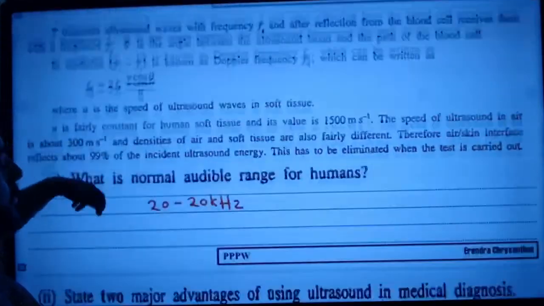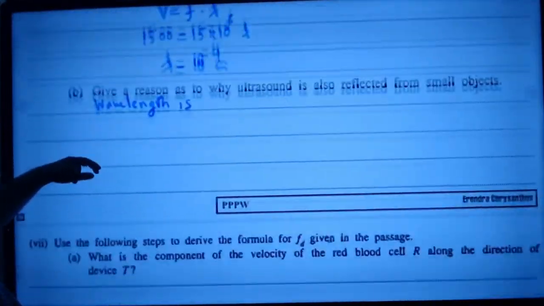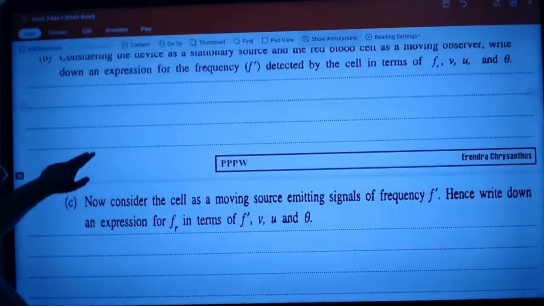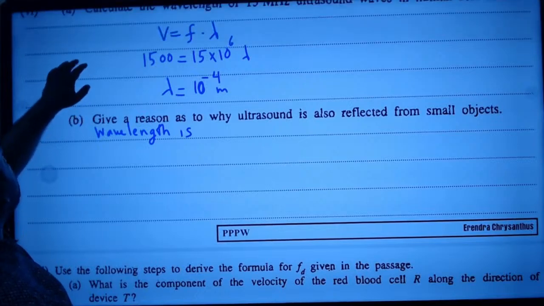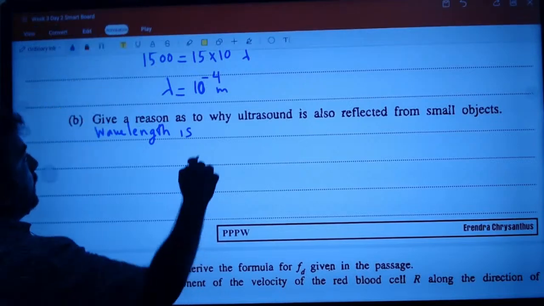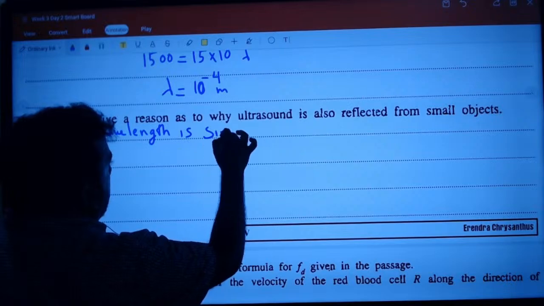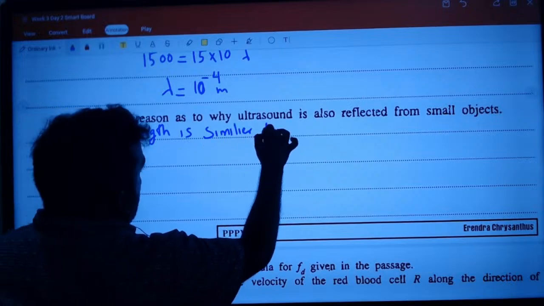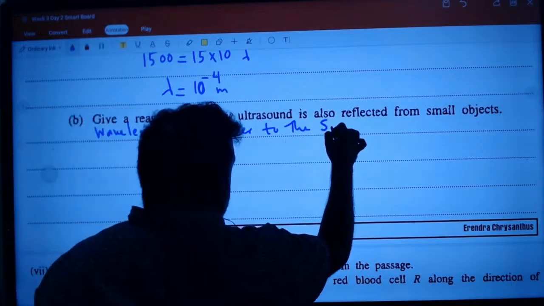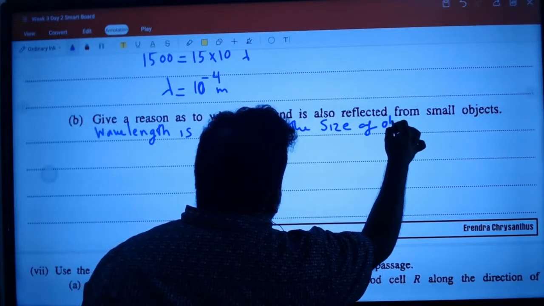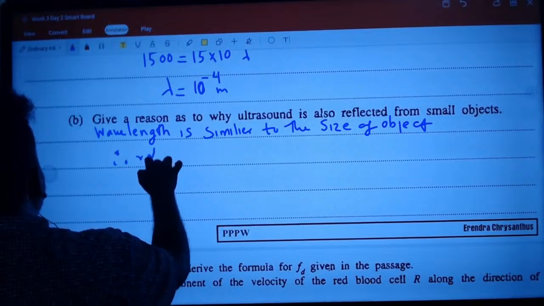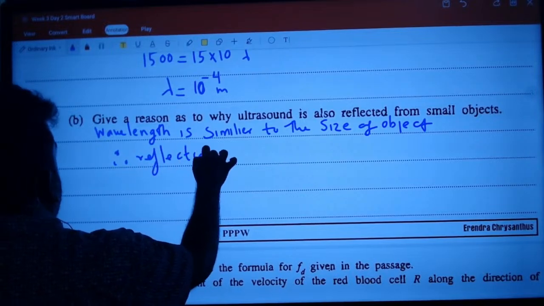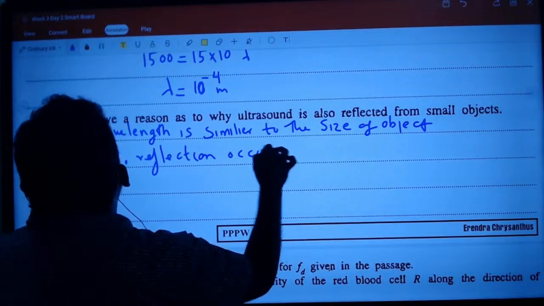So here the wavelength is similar to the size of the object. Therefore, reflection occurs. Right.